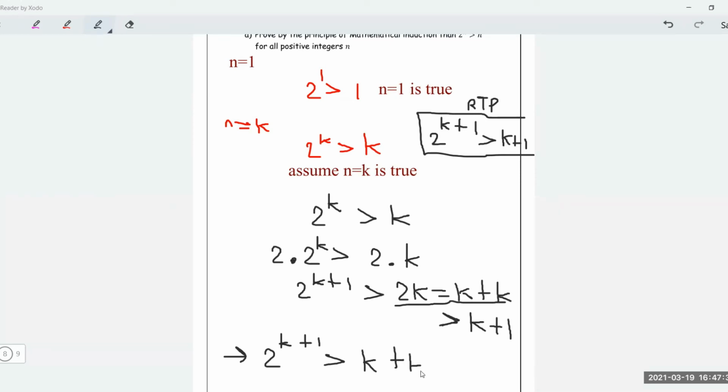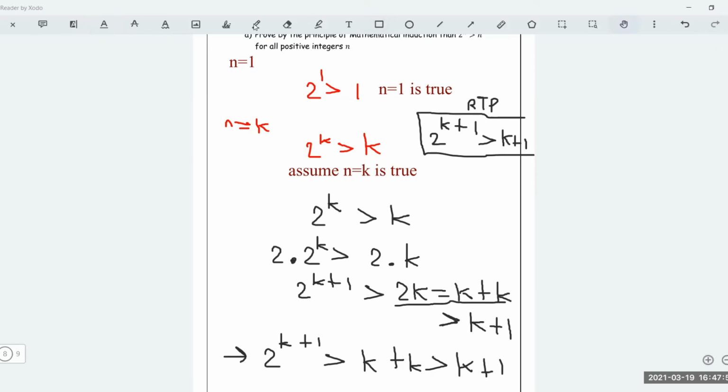And we know that k plus k is greater than k plus 1. Then we can conclude that 2 to the k plus 1 is indeed greater than k plus 1.